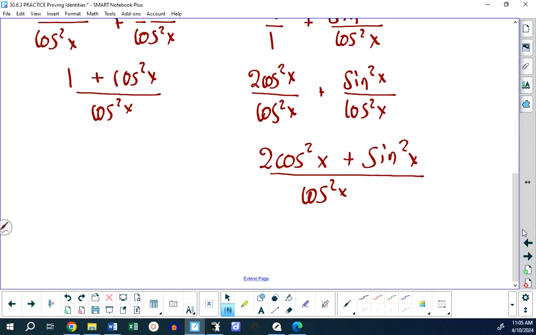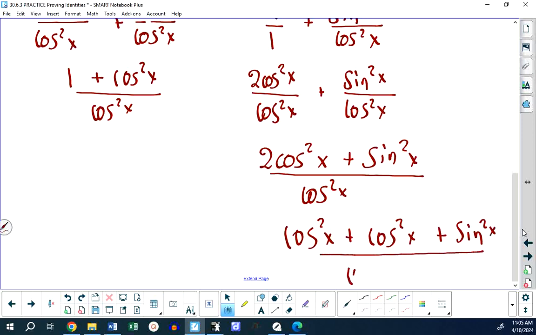I'll give you a hint. 2 cos squared of x is cos squared of x plus cos squared of x. And this is 1.